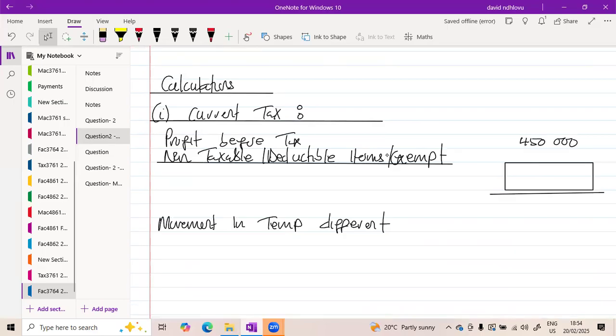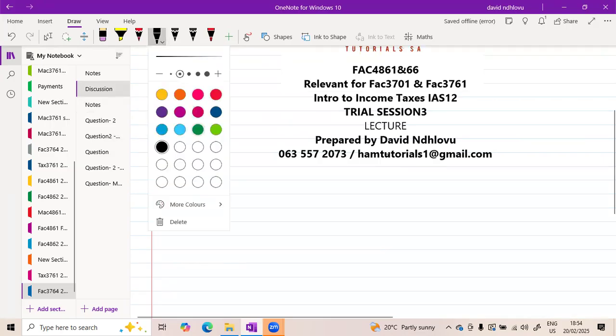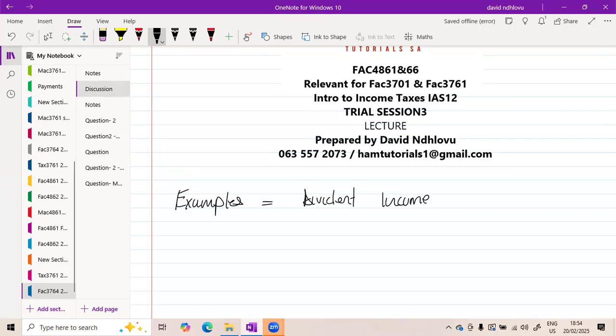Next we want to look at the exempt differences, just to check if we still remember our exempt differences. Good people, what examples can you give me here? Dividends. We have dividend income. What else? Fines. We have fines and penalties.